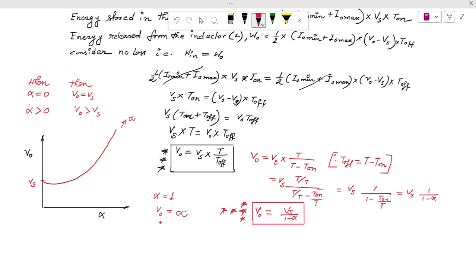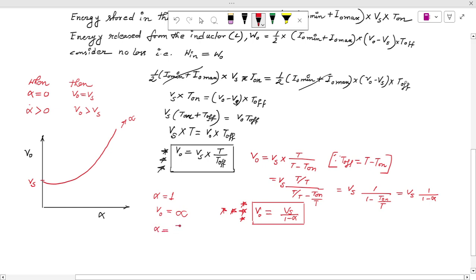Alpha is equal to T on by T. When alpha equals 1, then T on is equal to T, that is, no T off.